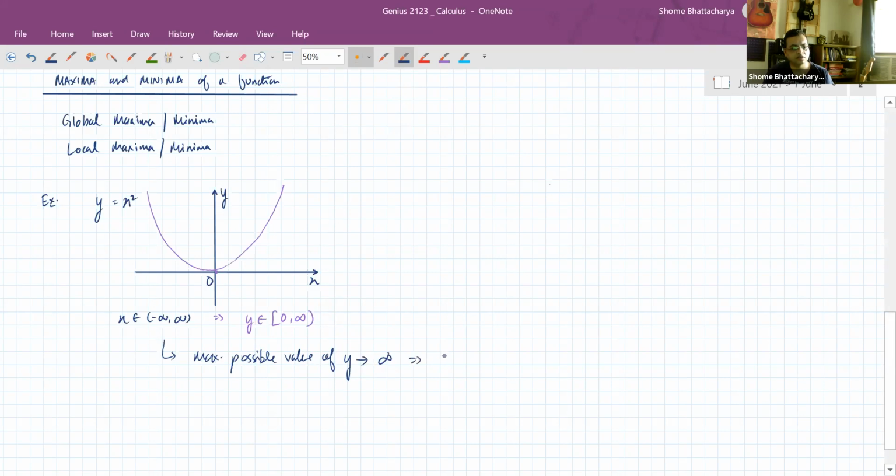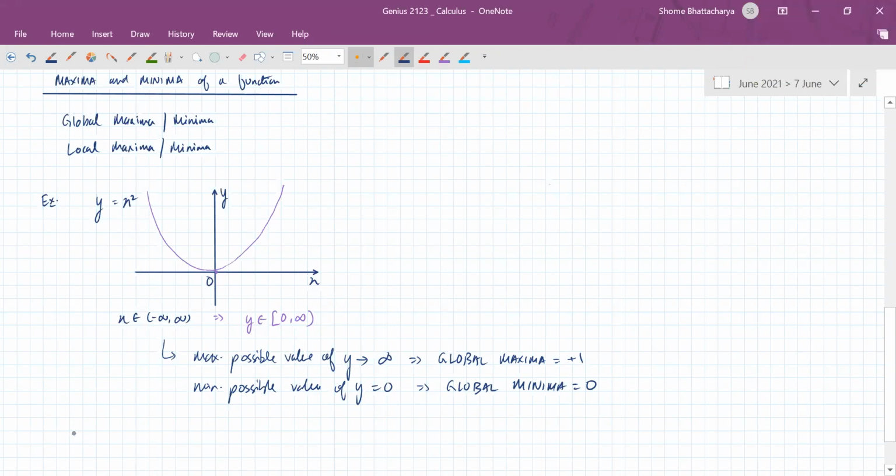So we will say that the global maxima is equal to +1. And we can see the minimum possible value of y is equal to 0. So we will say that the global minima is equal to 0. So you can see that y ranges between the global minima to the global maxima.